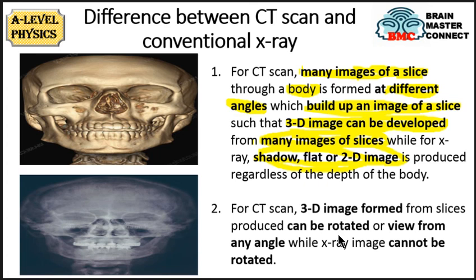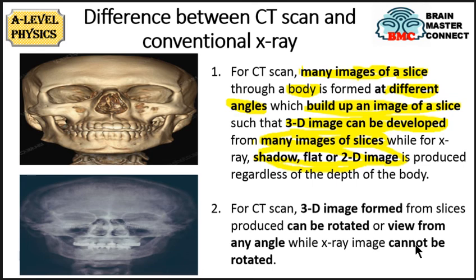The 3D image formed can be rotated or viewed from any angle. So when looking at the result, which is a 3D image, I can rotate it at any angle to observe it. But that is not possible in an X-ray image, because an X-ray image cannot be rotated since it is a 2D, two-dimensional image.